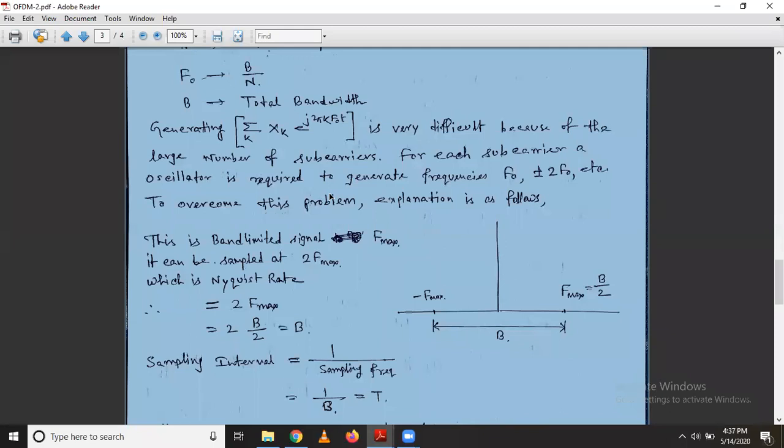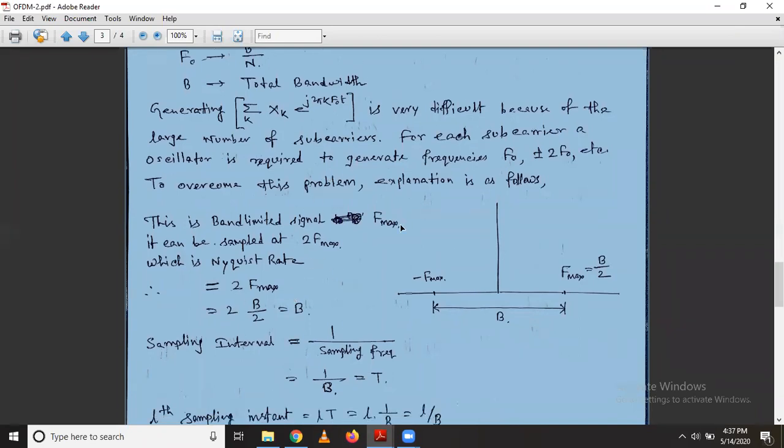How to overcome now this problem? We go through this process actually. That means we are not using oscillators. We are trying to convert the symbols into samples.